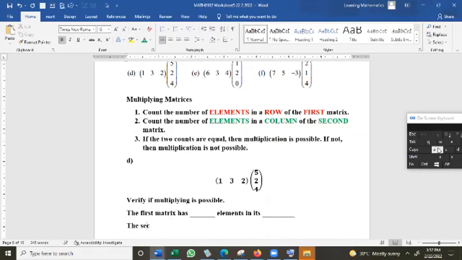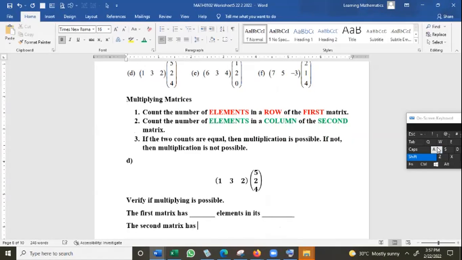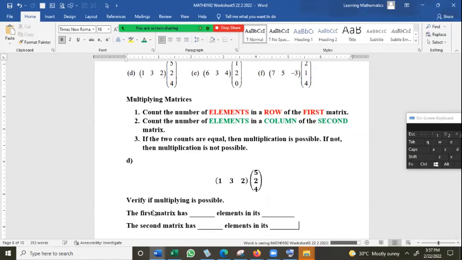The second matrix has dash elements in its dash. So the first matrix has what elements in its what? Can anybody tell me?